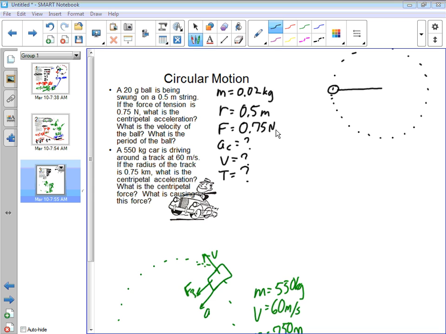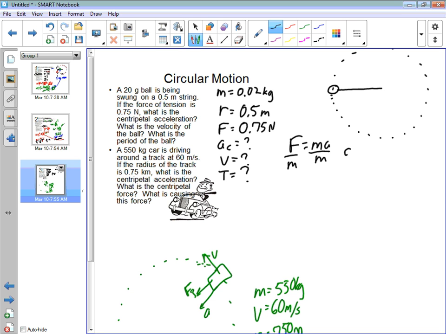Okay, so we have our equations that we can use. The fact that we have force, remember there's really only one set of equations that will deal with that, some type of F equals ma or a version of that, right? So F equals ma, solving for a.